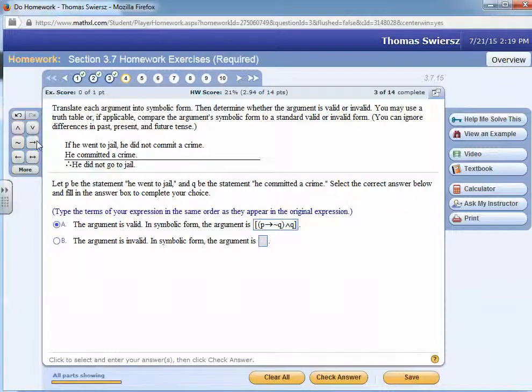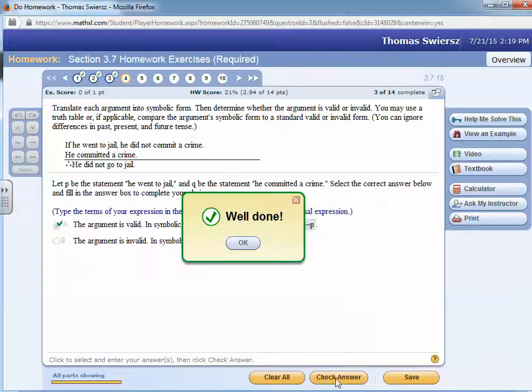Then we need the right arrow. Does that imply the conclusion, which is not P? And there's our correct answer.